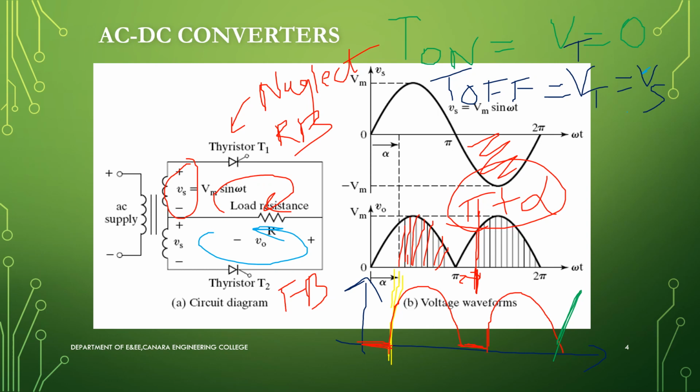Applying the signal to the gate, you call it triggering, triggering of the thyristor. Hope this is clear. So you understood what is meant by diode rectifiers, and you have understood what is meant by controlled rectifiers, which use the thyristor.